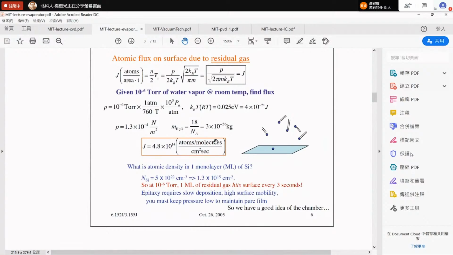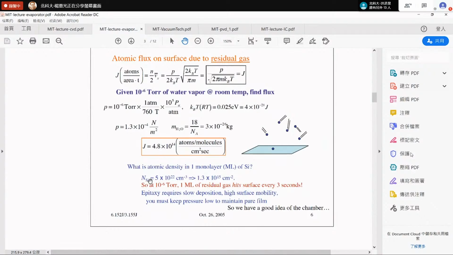That means if there is a little bit of water on the surface, and you make it to the 10 to the minus 6 torr, you will see there's quite a large flux, water atoms per centimeter square per second.